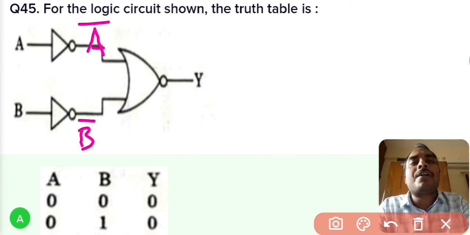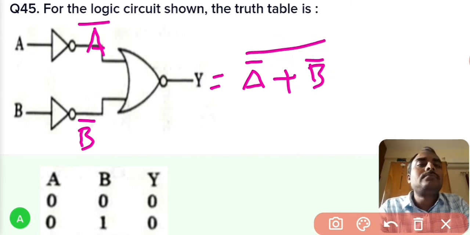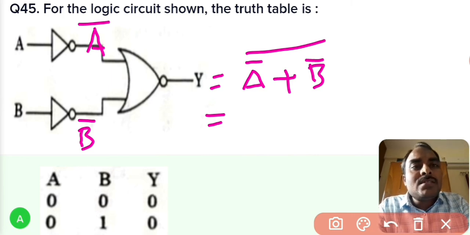Then the output for the NOR gate. We know for a NOR gate, first we need to add both the inputs and put a whole bar. This is the output. This can be further simplified. When you break this total bar, the operation between both the inputs becomes dot.